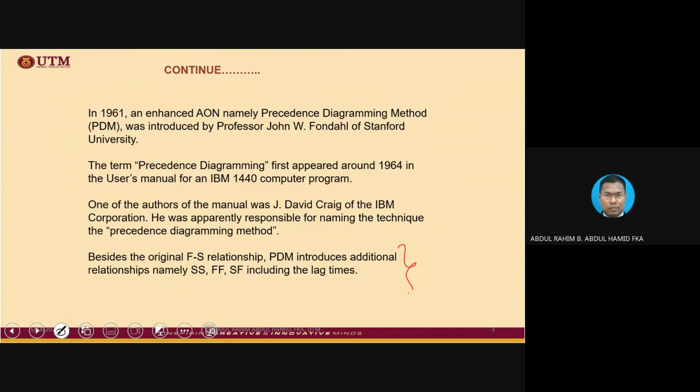For instance, other than FS, finish to start, which is just the typical relationship, we have other relationships, plus lag. Remember, lag can be positive and then negative. So when we incorporate this, this is what PDM is all about.